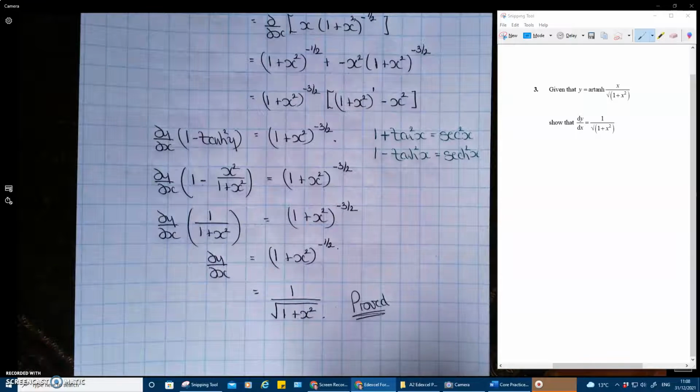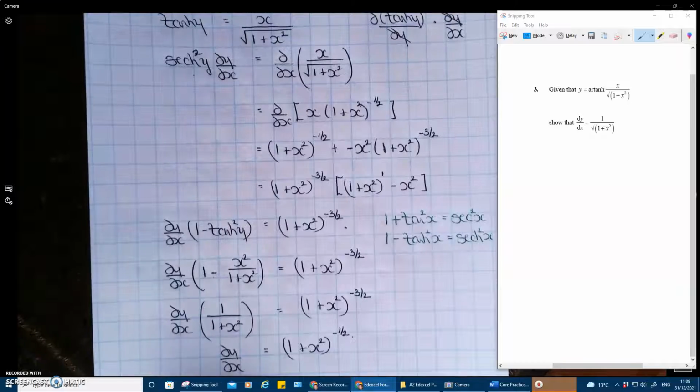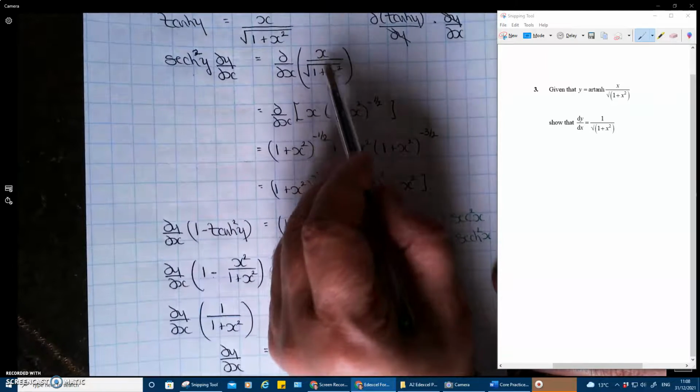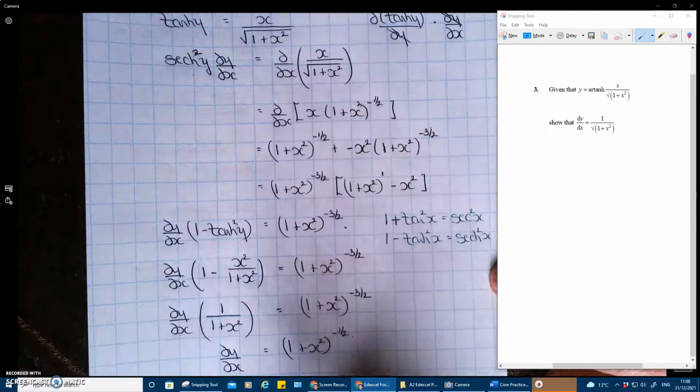Okay, so that was proved. As I said, the algebra may have been slightly simpler, I don't know, if I'd differentiated this using the quotient rule. Okay, but I'd have ended up with the same result. I suspect the algebra might have been a little bit easier.